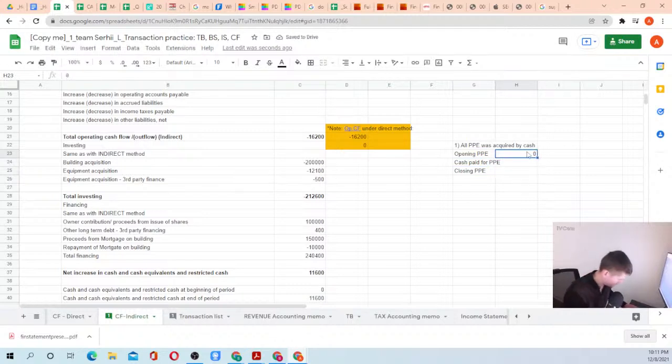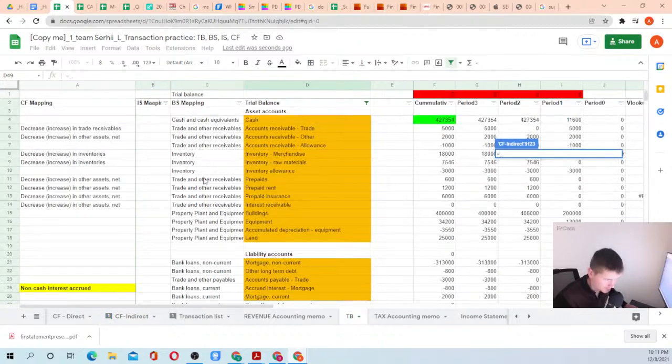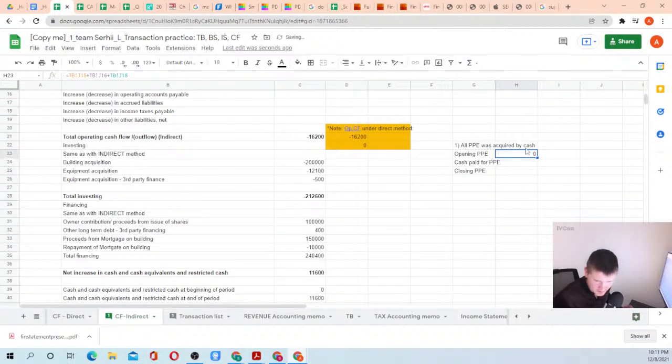So zero came from, let's see, from these numbers. No, we do not take into account accumulated depreciation, and we got some land here.